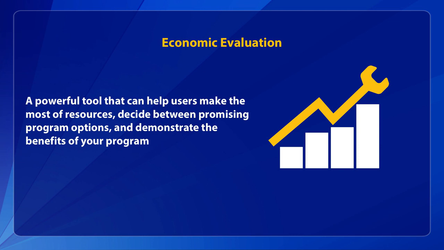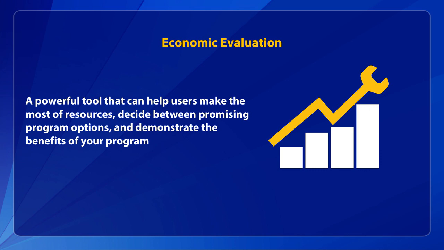Benefit cost analysis, and 4. Cost-effectiveness analysis. We will also discuss cost-utility analysis, a special type of cost-effectiveness analysis. In Part 1, we'll define these terms and explain how economic evaluation can help you. The modules that follow will walk you through the process you would use to develop and conduct each of these types of analyses.